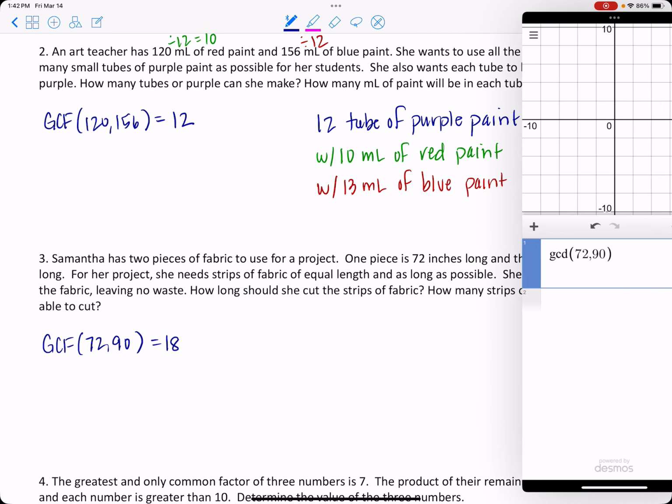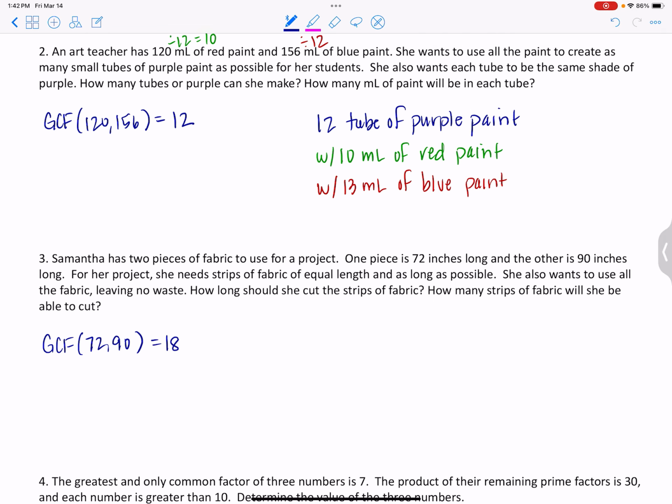And now I know I'm going to take my 72 and divide by 18 and take my 90 and divide it by 18. So how long should she cut each of the fabric strips? Again, this is going to be 18 inches. So each strip will be 18 inches long.